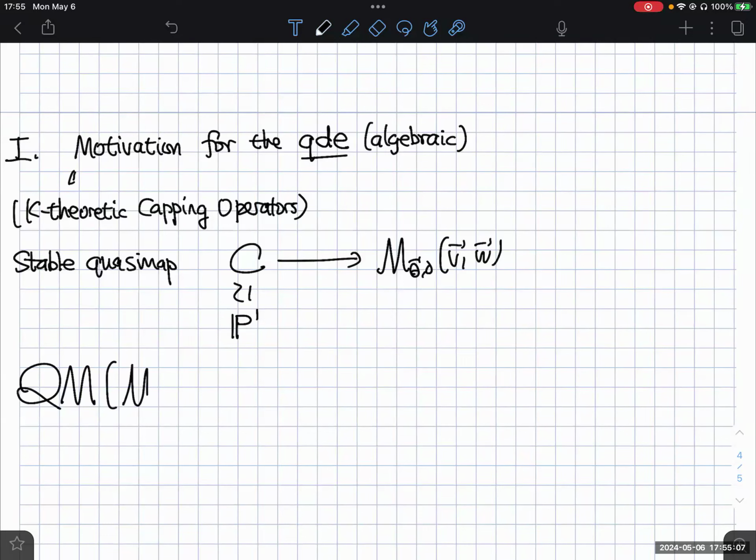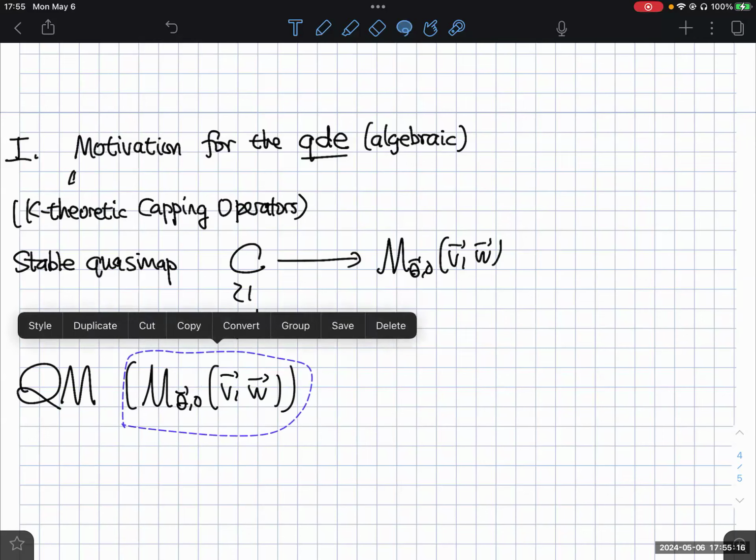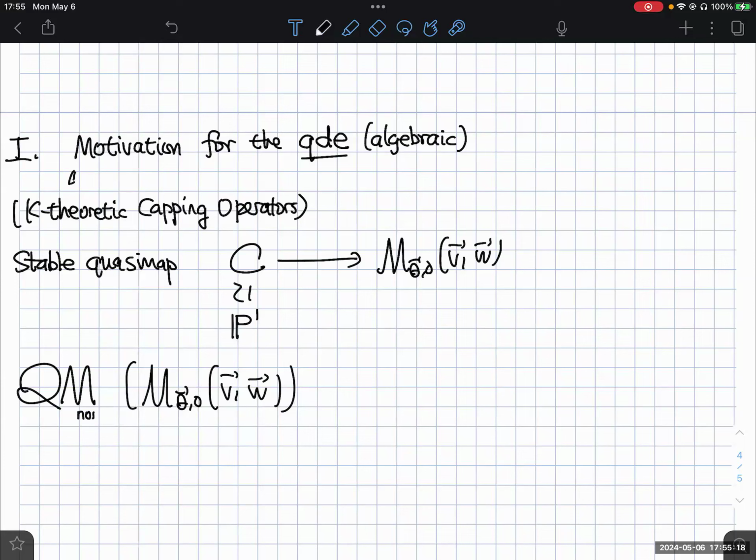It's a space from here to here. And usually here, we consider the following kind of restriction. We require that this quasimap should be non-singular at P1, and with some relative condition at P2.